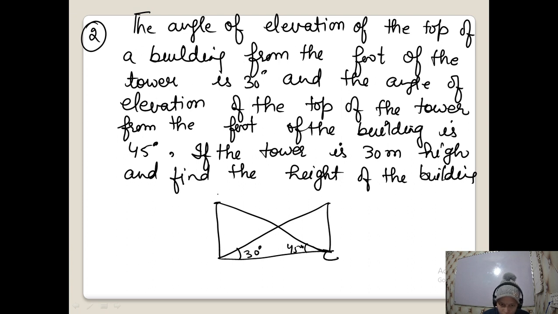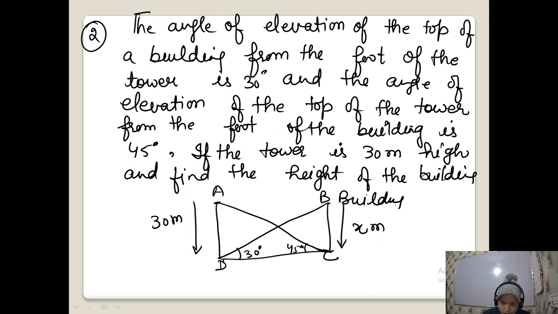You can give names A, B, C, D, and this is one tower, its height is 30 meter, and this is another tower, its height is X meter. Instead of tower, you can say building 1 and building 2. Now you can solve the question.